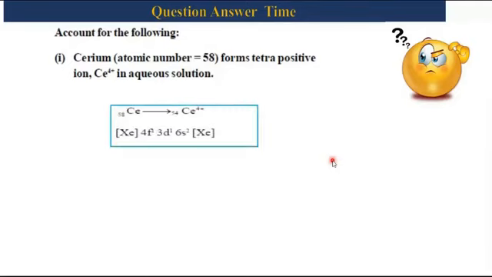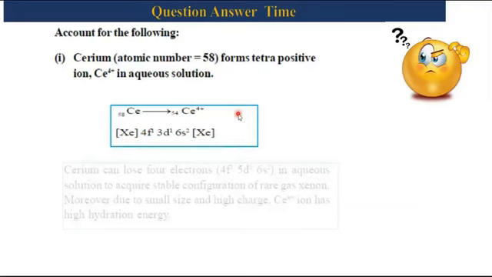चलिए अच्छा, मैं यहाँ पे आपको बता देता हूँ. देखिए, जब सीरियम को लेते हैं तो सीरियम का कॉन्फ़िगरेशन आप देखिए क्या है. Xenon 4f1 5d1 6s2. Now the electrons you count: 2 + 1 + 1, so total electrons are 4, right? Now see, if it is transforming to cerium +4, क्या होगा? These 4 electrons are going to be shed off, and now the only configuration will be xenon, and that is a noble gas.